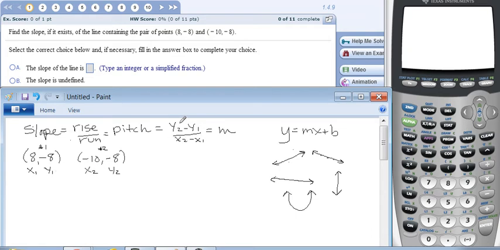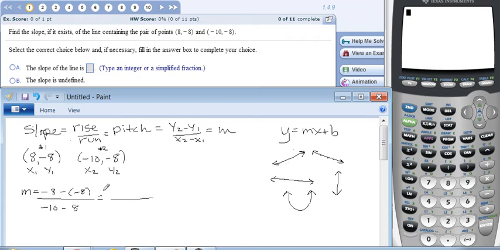Now we can use this formula to calculate our slope. So the slope, m, is equal to y sub 2 minus y sub 1, so this one minus that one. So we have -8 minus a -8. Be careful on your negatives. Then we have -10 minus 8. We do the same thing on our x values.